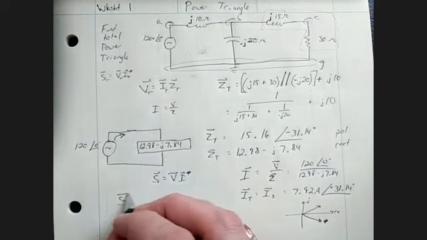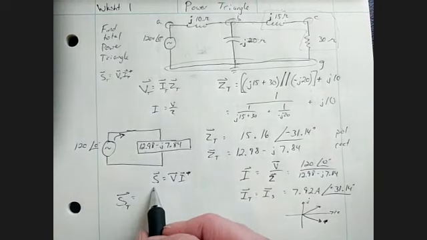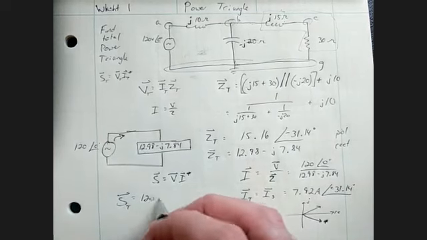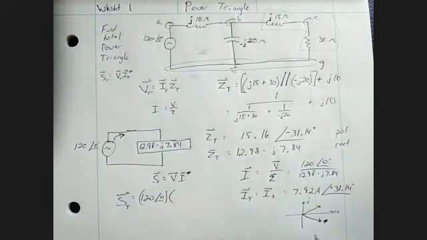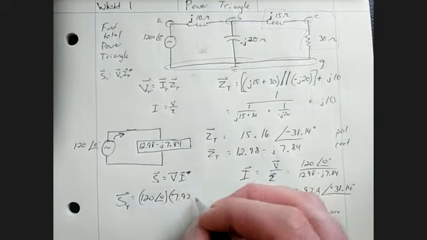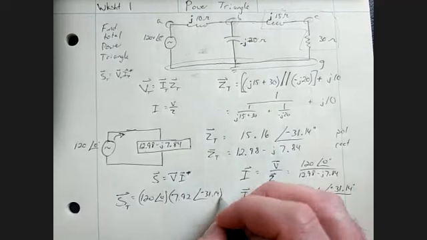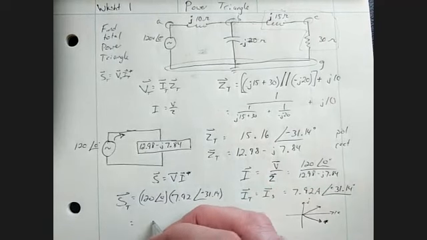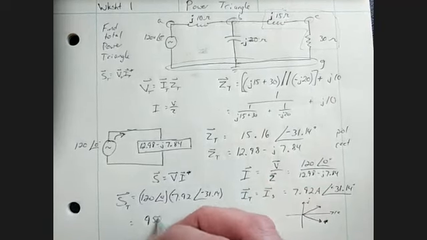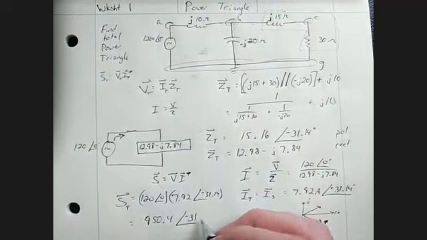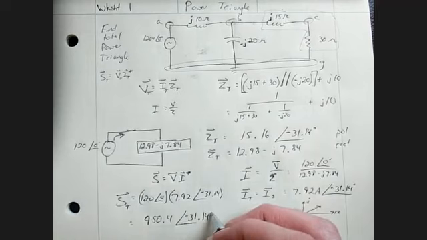So S total, S being complex power, this is a vector, so we see it's complex: 120 angle 0 times I conjugate, 7.92 angle negative 31.14. My S total comes out to 950.4 angle negative 31.14 degrees.